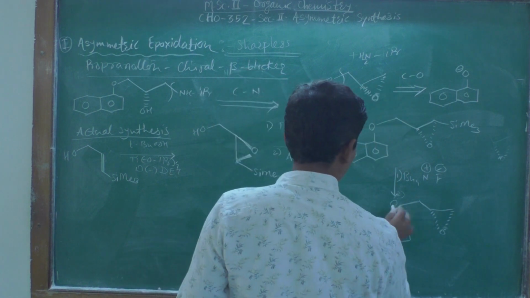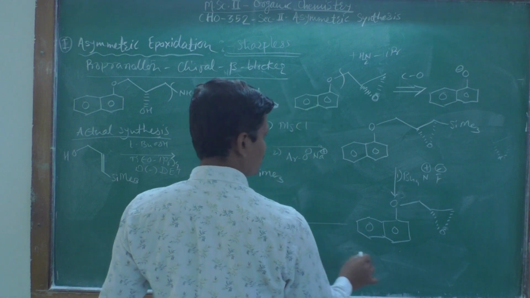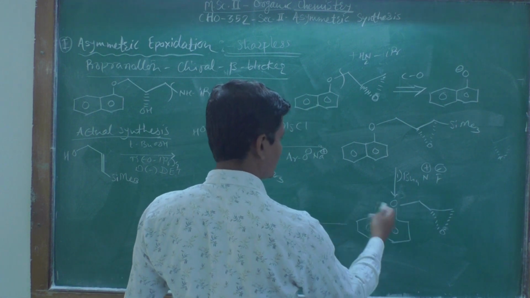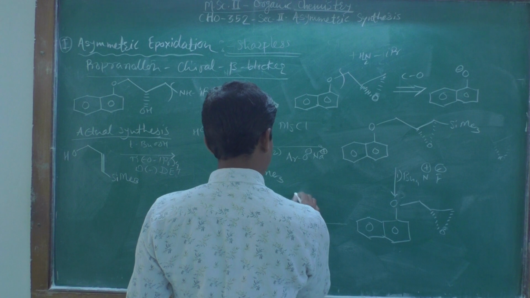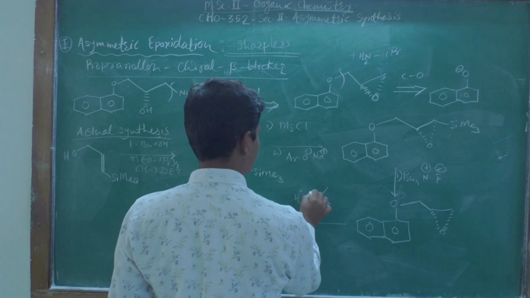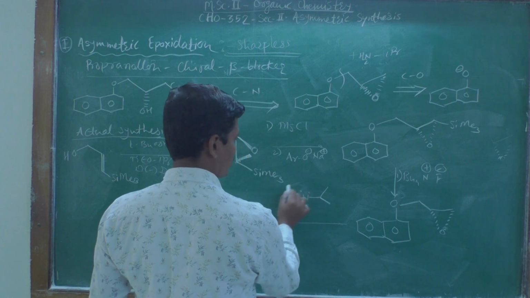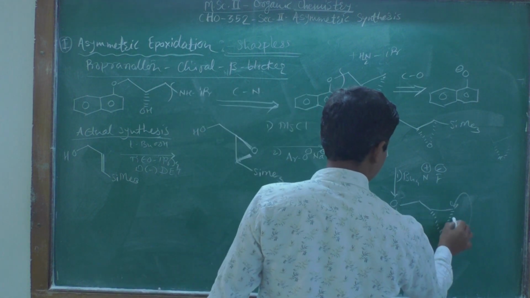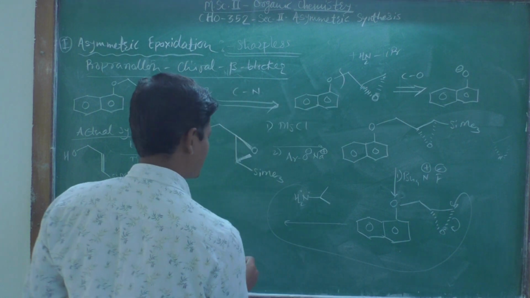Now when we use another nucleophile, isopropylamine, that is NH2 isopropyl group, this NH2 lone pair can attack on this epoxide, and ring opening takes place.